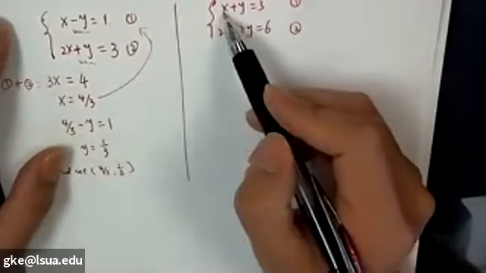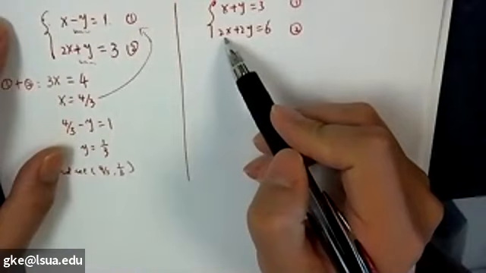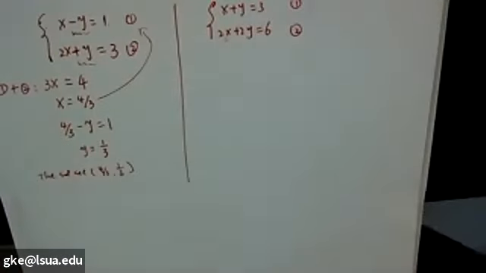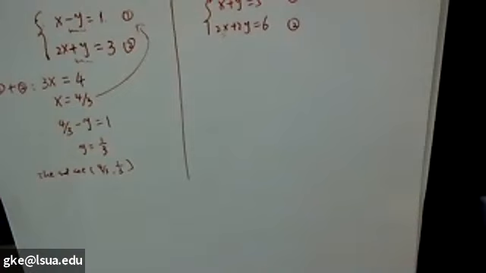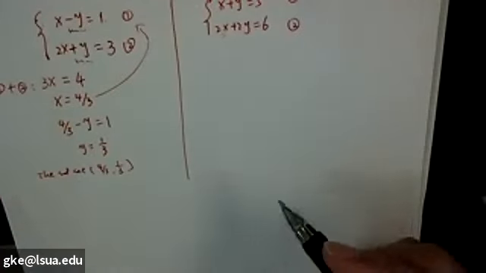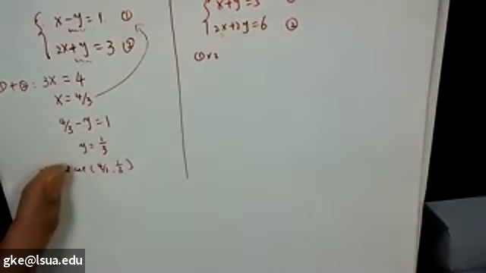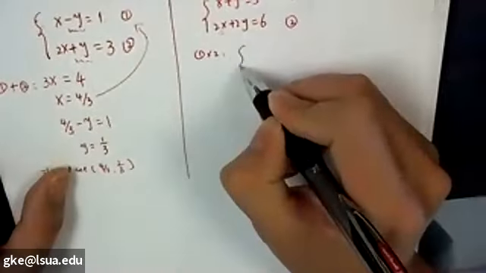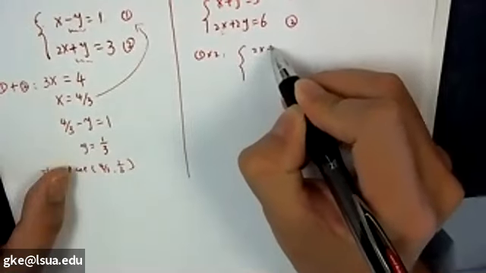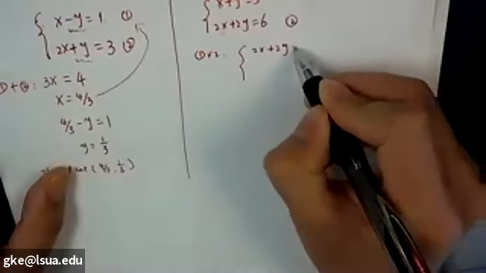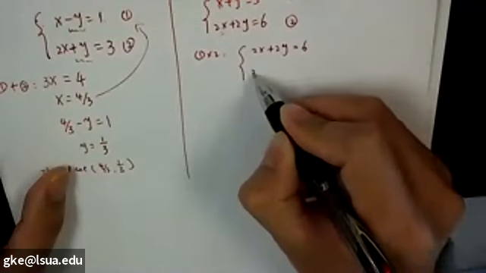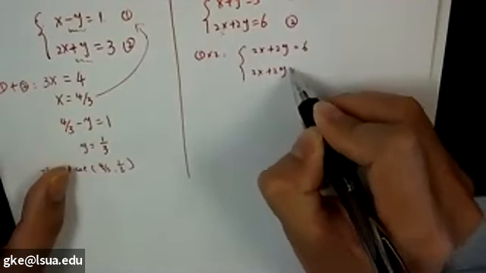So for this problems, since we have x, here's 2x, right? We can eliminate the x variable. So basically, what are we gonna do? We'll let the first equation times 2, right? The first equation times 2, we're gonna get 2x plus 2y equals 6.